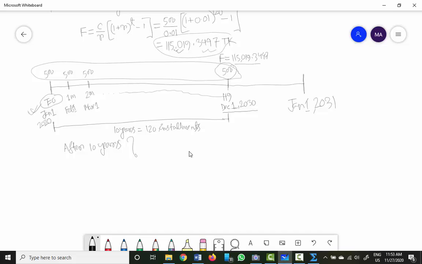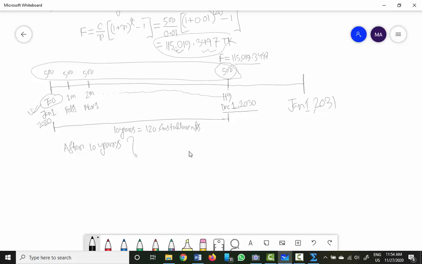That means after 10 years, you need to go 1 month forward.